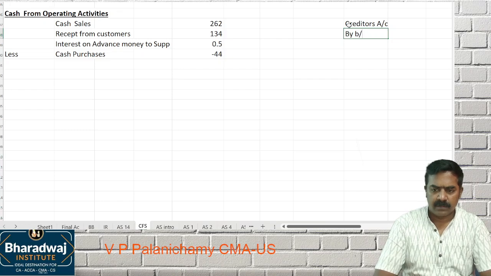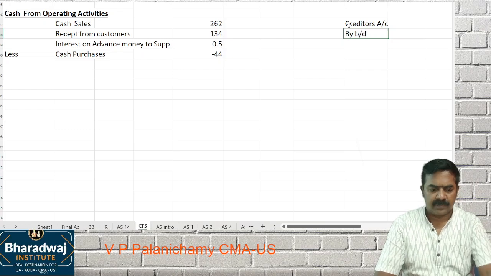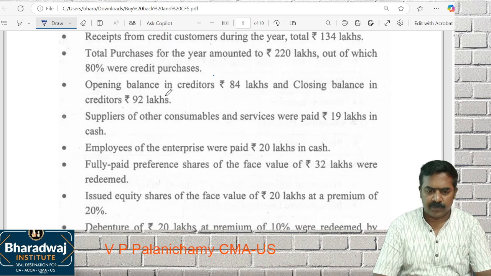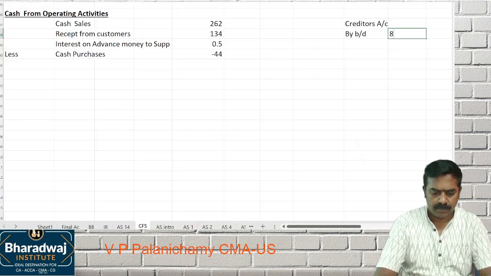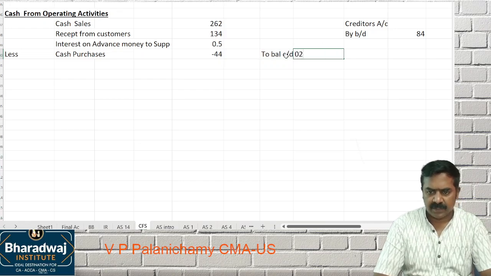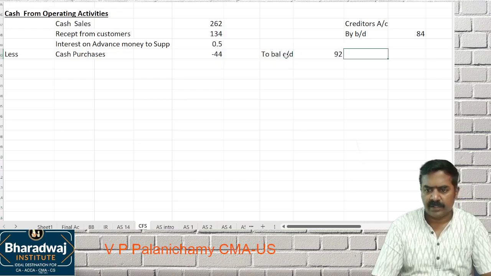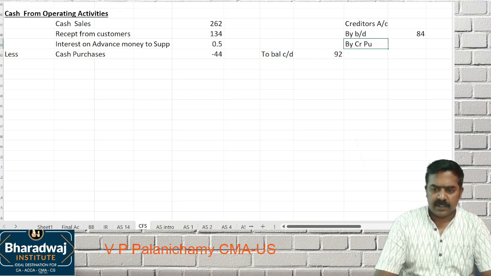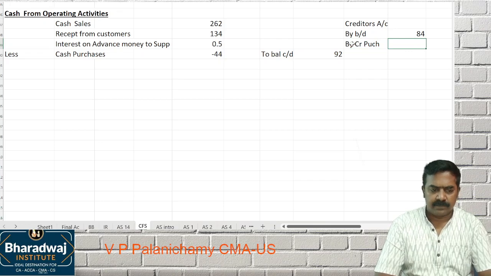Then by credit purchases, how much amount of credit purchases was done? 176.